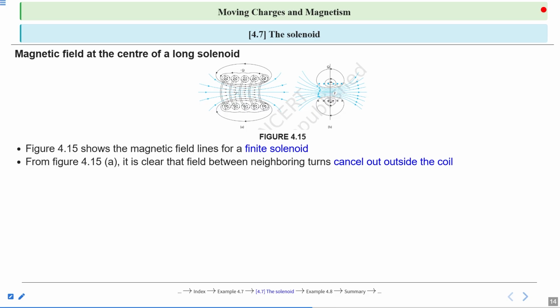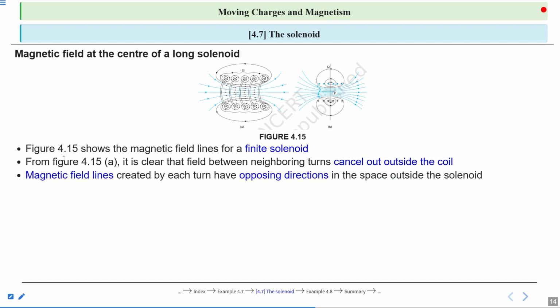It is clear that the field between neighboring turns cancels out outside the coil. The magnetic field lines created by each turn have opposing directions in the space outside the coil.